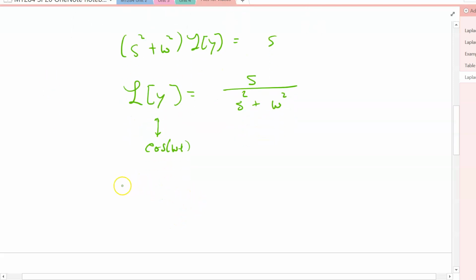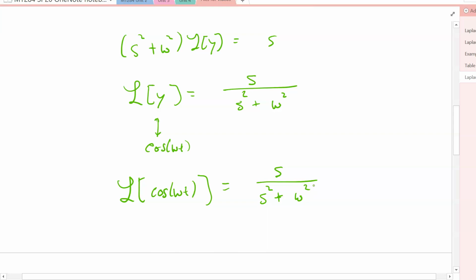That gives us our fact: the Laplace transform of cosine of omega t is equal to s, the variable s, over the variable s squared plus the number omega squared in the denominator.